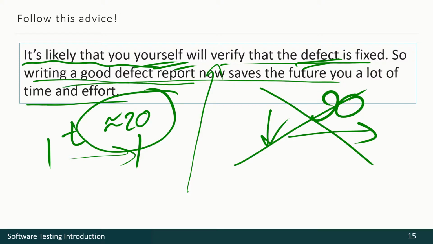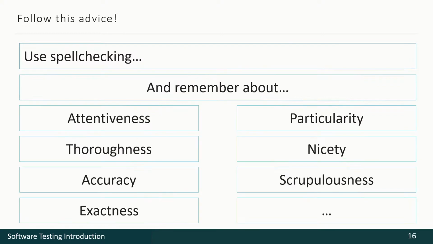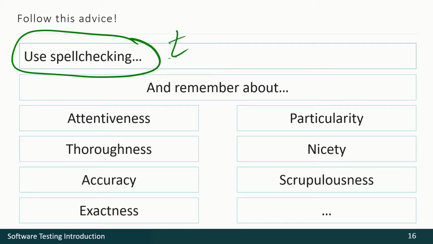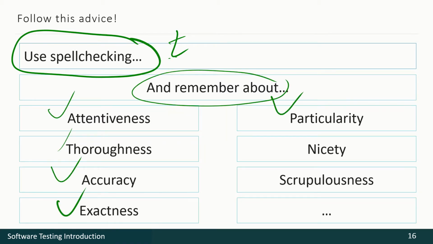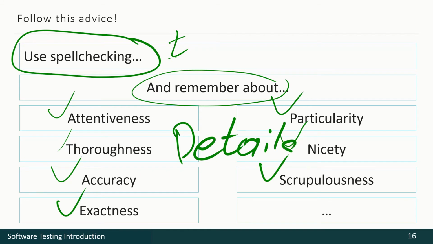By making a good defect report, you are saving the time for the future yourself. Use spell checking for your text, for anything you write, because why not? It's pretty simple, it takes almost no time. And remember about all those ideas. Now, with our defect reports, we should provide details. The more details we provide, the better.